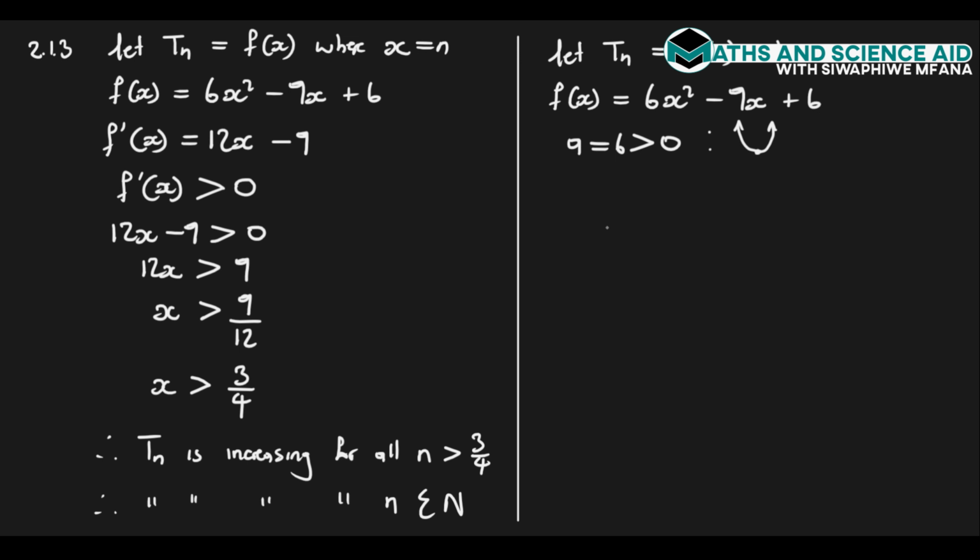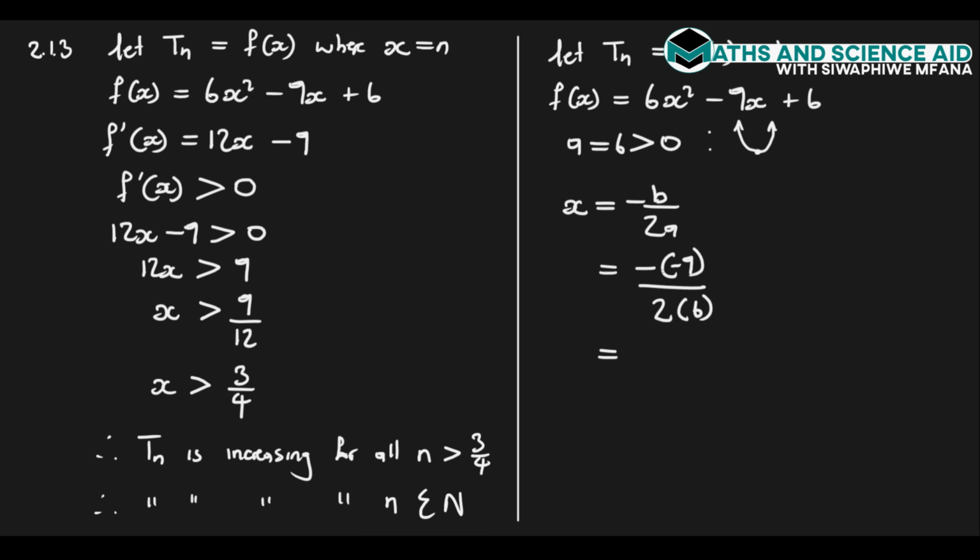And in order to work out the x value of the turning point, we can use the equation x is equal to negative b over 2a. And in this case, we say that b is equal to negative 9. So this will give us a negative 9, and a is equal to 6.